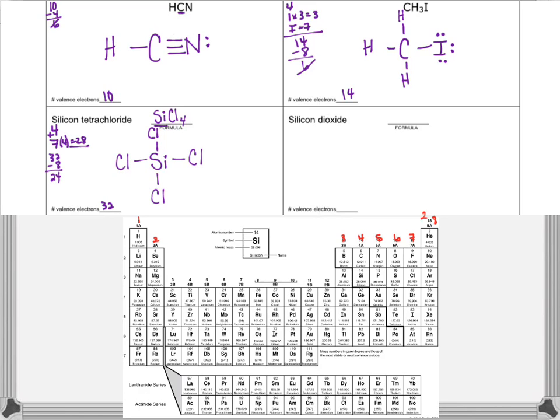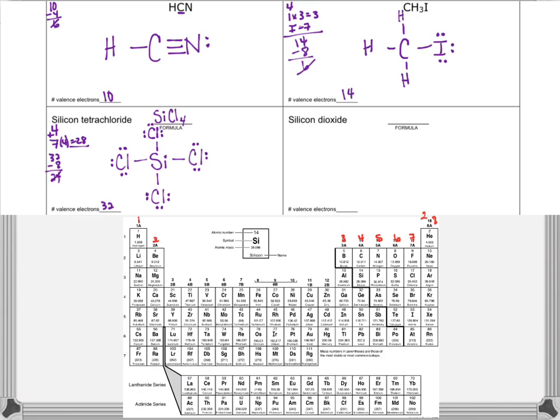I have 24 to use between these chlorines, so each chlorine can get up to 6. 2, 4, 6, 2, 4, 6, 2, 4, 6, 2, 4, and 6. So I used up all 24. Okay. So next, I go to my central atom. My central atom is perfectly happy. So now all atoms are fulfilling the octet rule.